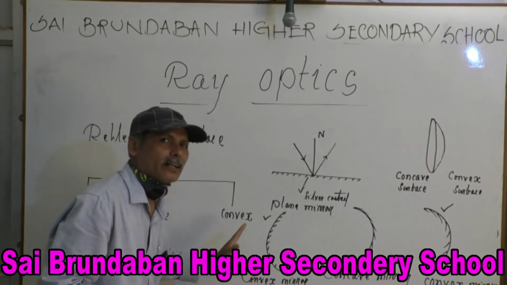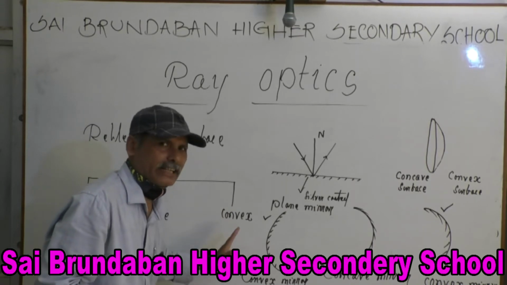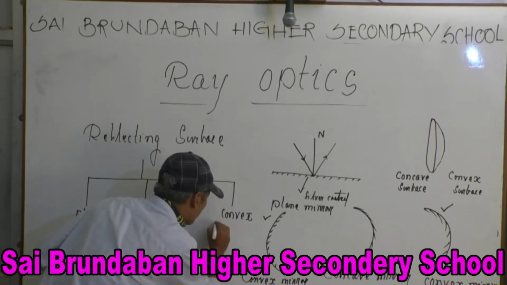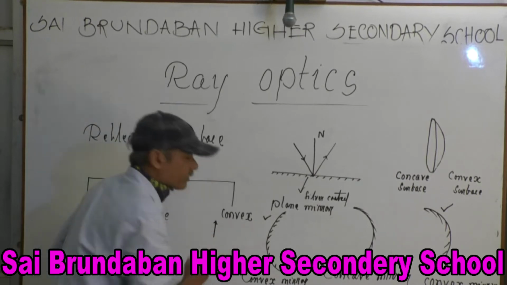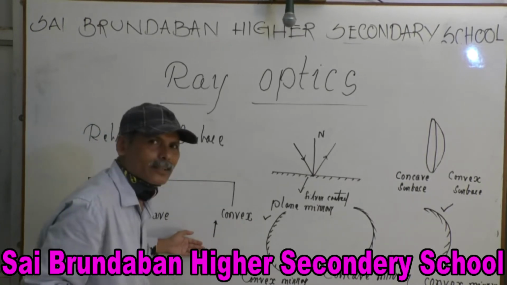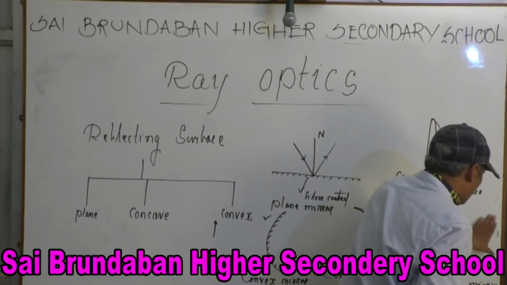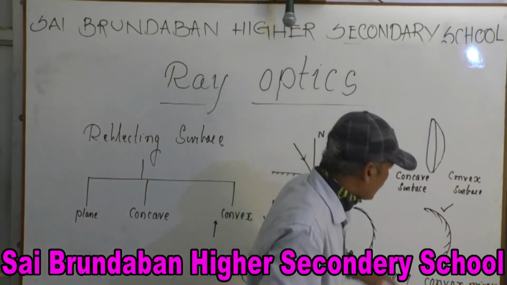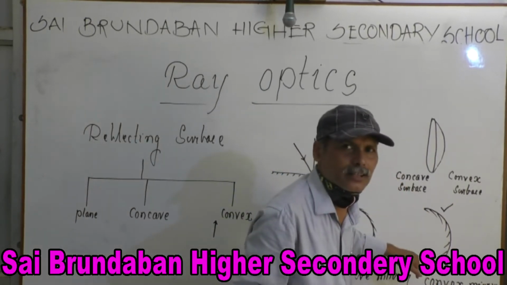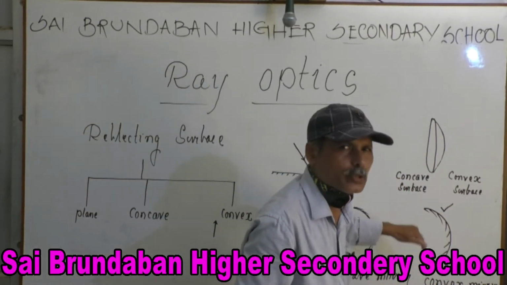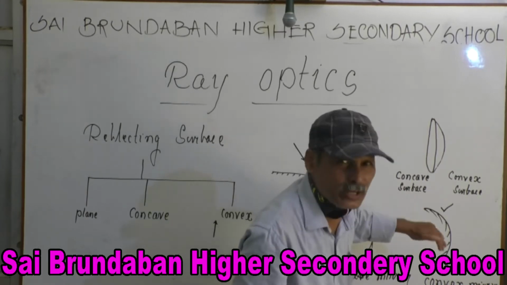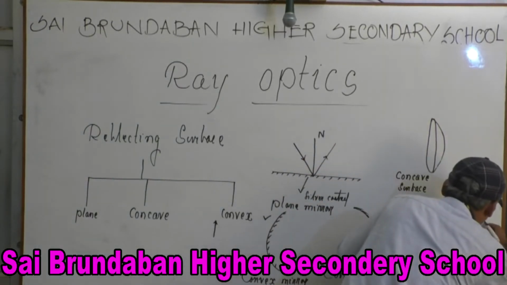That's why the situation of the object can be taken here. In this case, this is the reflecting surface, so the object should be situated here.